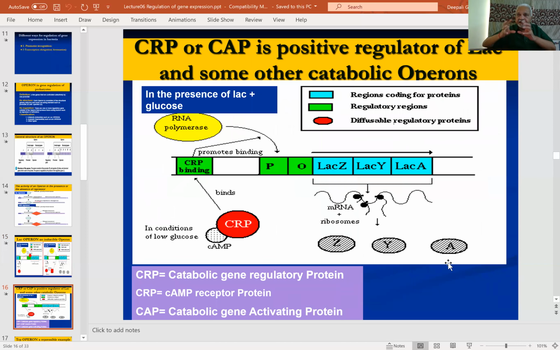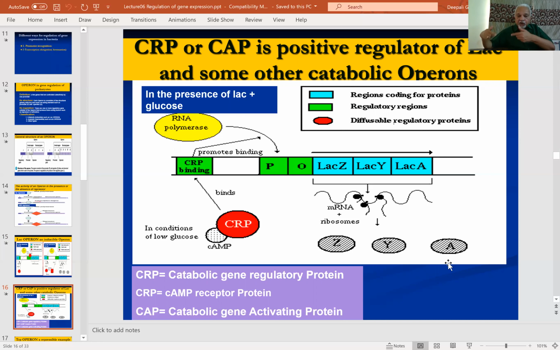Again, there is a scenario which was worked upon: if a cell is exposed to both lactose and glucose, it was seen that though the lactose is there, the Lac operon doesn't work until the glucose is completely exhausted. So the presence of glucose keeps this Lac operon in check.